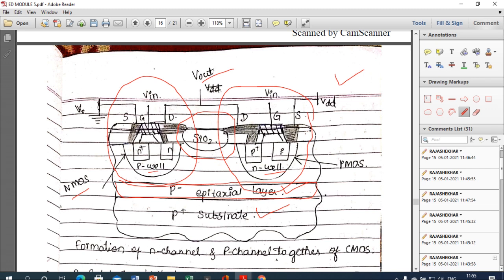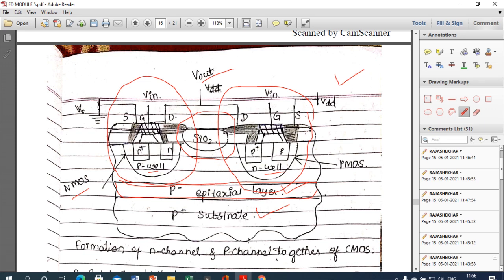Both PMOS and NMOS are constructed in one silicon chip, hence we also call it an integrated circuit, because two MOS transistors, PMOS and NMOS, are fabricated together on a single silicon chip. We discussed integrated circuits in the previous session.